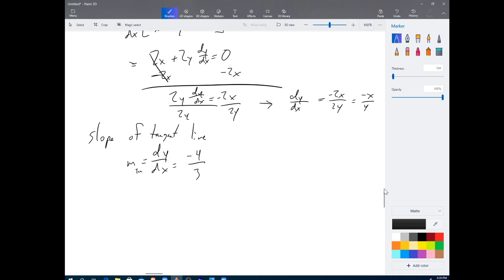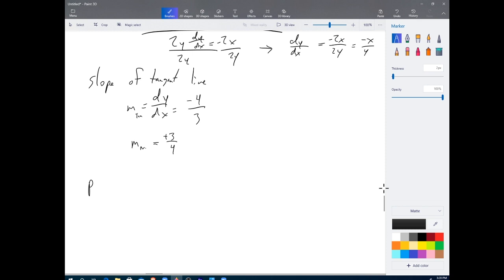Now, once you have that, super fast and easy, this means by definition, the slope of my normal is going to be, you flip it upside down, and you take the opposite sign, the opposite reciprocal. Now, I want to know the whole equation of the normal line, not just the slope of it, so I do have one step to go further.